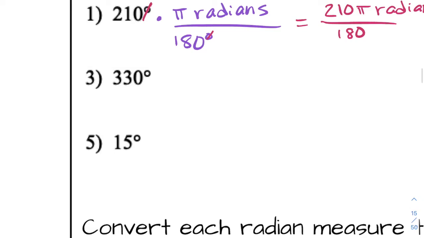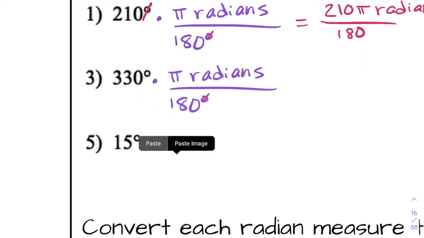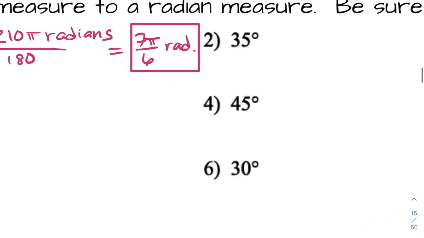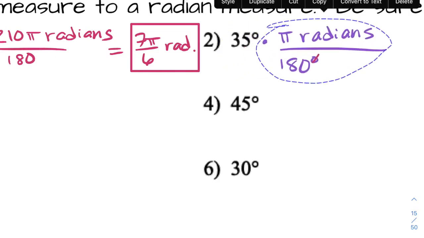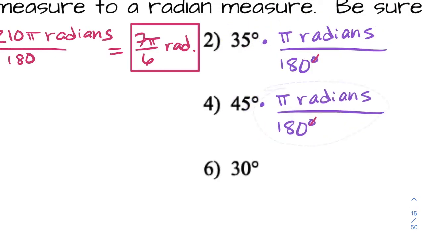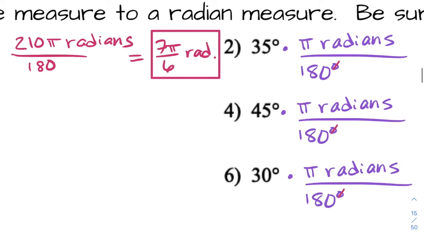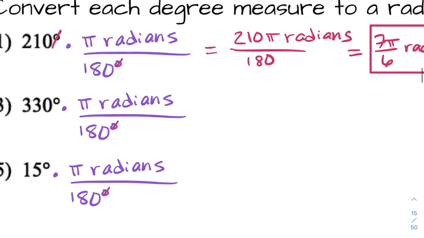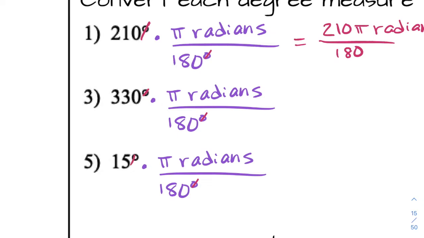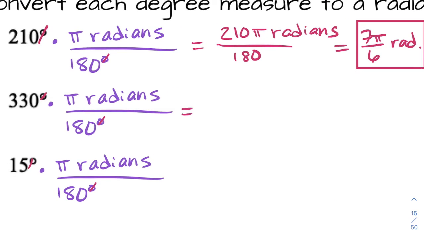Next one, 330. So let's do the same thing. Let's multiply it by pi radians over 180. So we're going to literally do that for all of these. Let me save some time for you, so this video is not too long. So now we have 330 pi over 180.